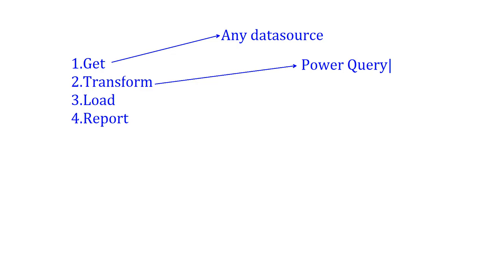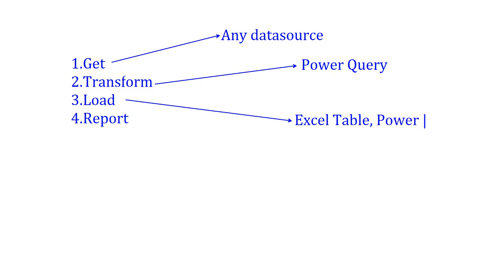First get the data, clean the data, transform the data, then load it. Where are we going to load it? Two things. You can load it into an Excel table, or you can have it in Power Query itself.